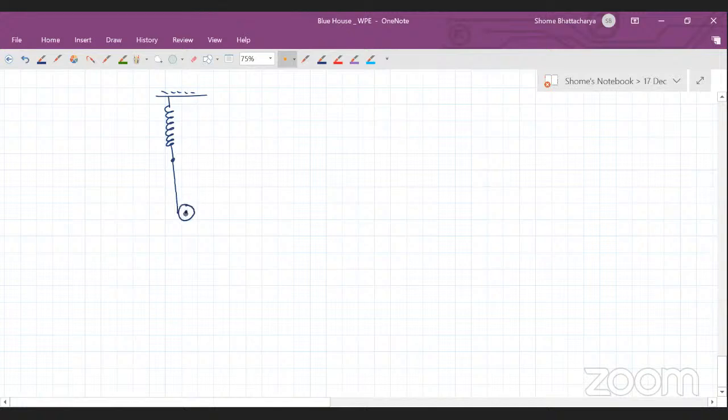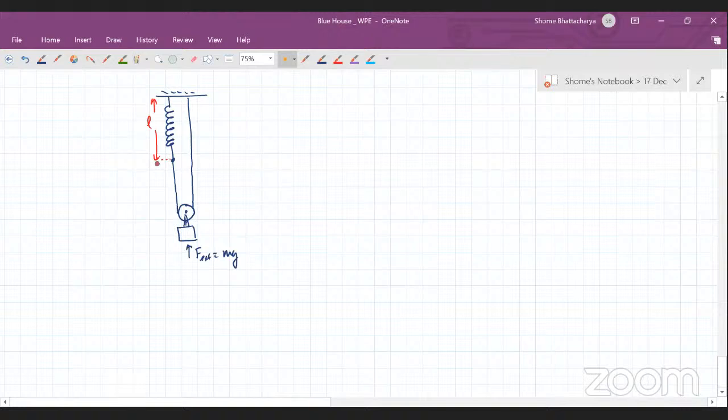So if this was the initial position where the block was being held at rest, obviously some external agent was applying a force equal to the weight of the block. So the spring here is in the natural length position.